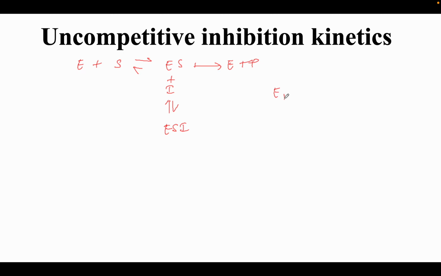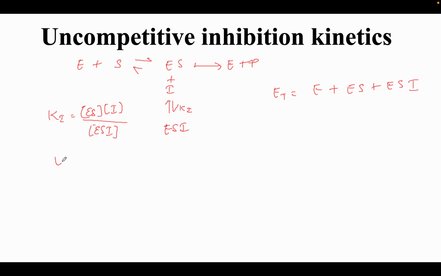Again, now the total enzyme here would be free enzyme plus bound to substrate plus it could be bound to inhibitor also, and Ki, so we'll have only one rate constant Ki. Okay, Ki for ESI will be enzyme substrate concentration upon inhibitor into inhibitor upon ESI.